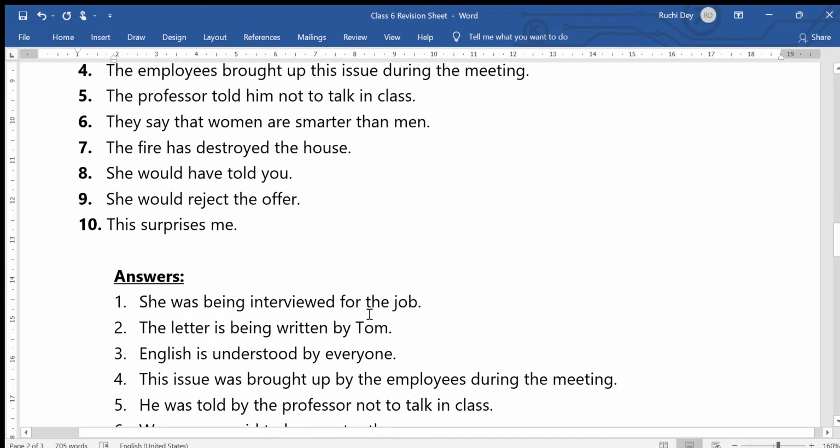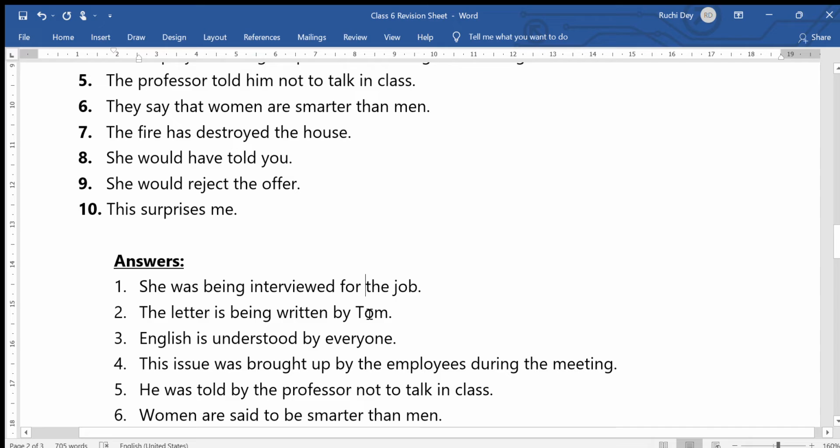The professor told him not to talk in class. He was told by the professor not to talk in class. There's another way we can put this: he was told not to talk in class by the professor. So both ways will be correct. Let's move on to the sixth one. They say that women are smarter than men.